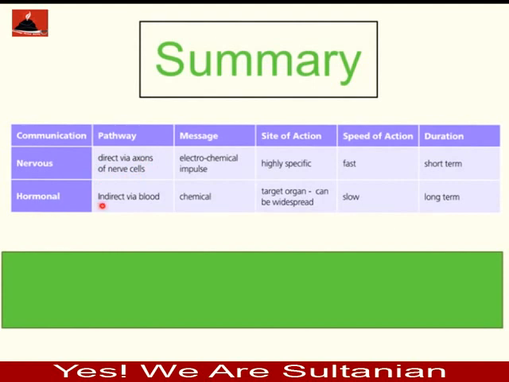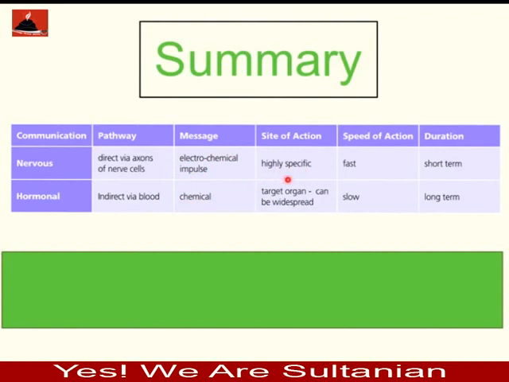Whereas hormone messages are indirect. Because they go via the blood, they do a lap of the entire body, and they don't go directly to the site of action. Nerve messages are electrochemical impulses, whereas hormone messages are simply chemical because they are protein molecules.